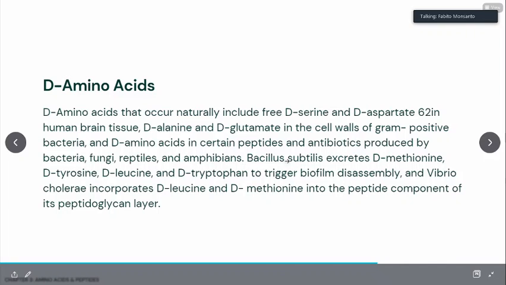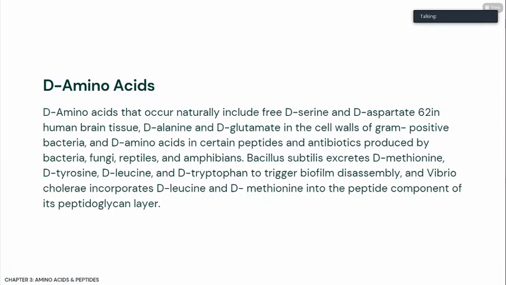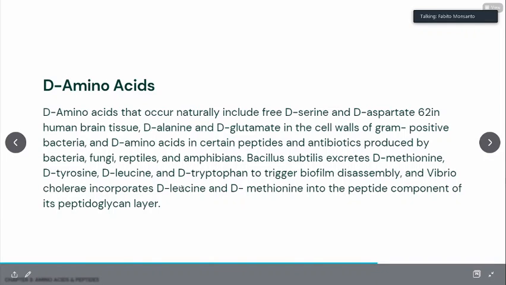Then we have D-methionine, D-tyrosine, D-leucine, D-tryptophan, which trigger biofilm disassembly in Vibrio cholerae. It incorporates D-leucine and D-methionine into the peptide component of its peptidoglycan layer, or what you call the bacterial envelope.